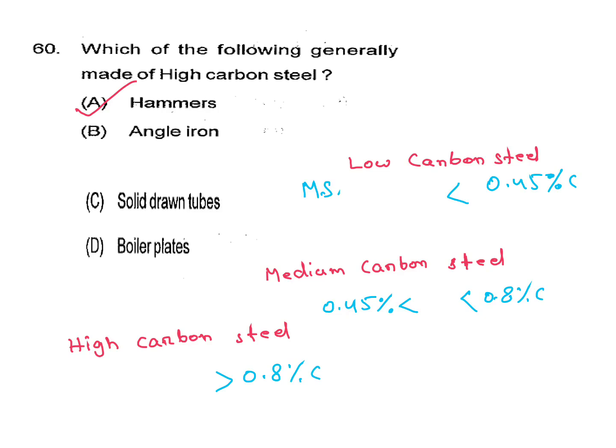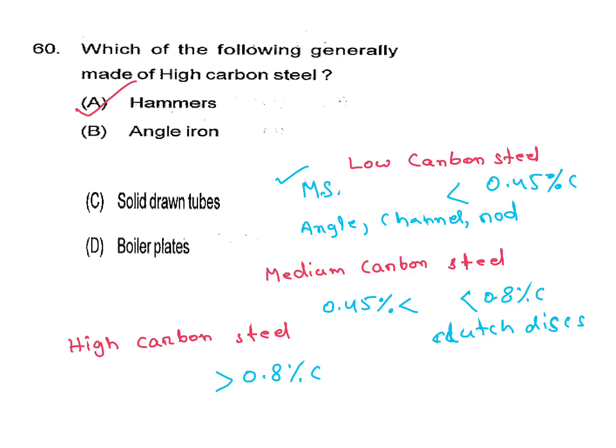For low carbon steel, products are angle, channel, rod. These are examples of low carbon steel. Mild steel is also a low carbon steel. This is very important. For medium carbon steel, examples are clutch discs, then valve springs.